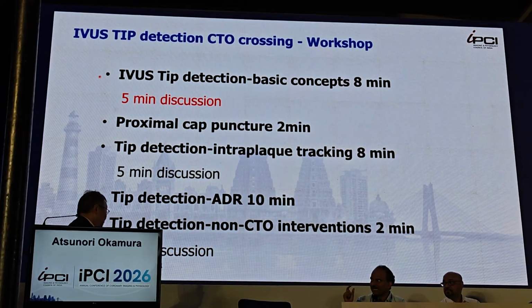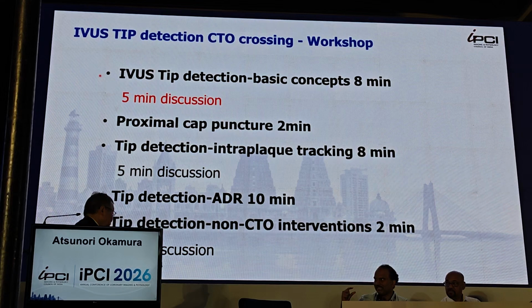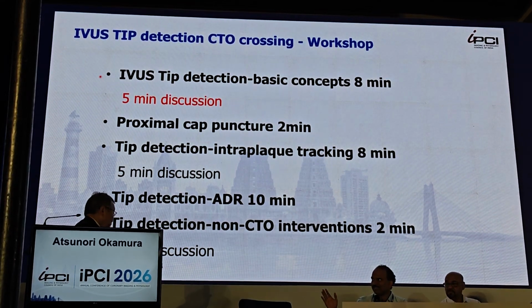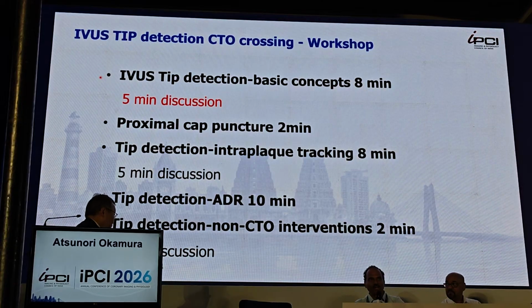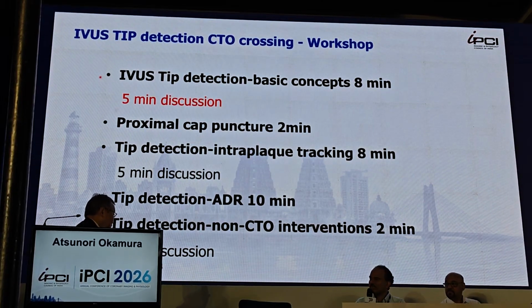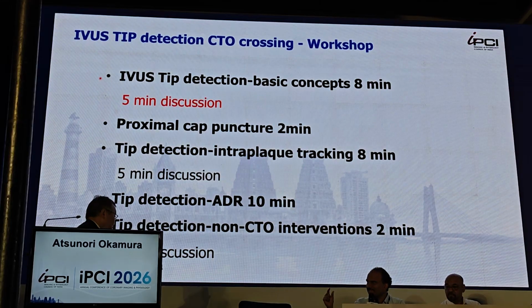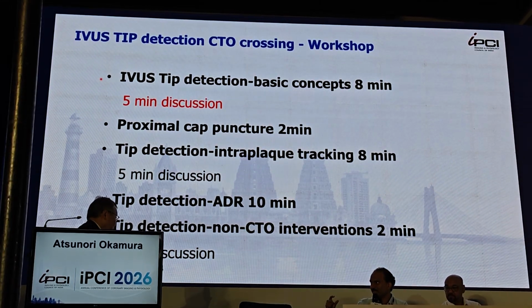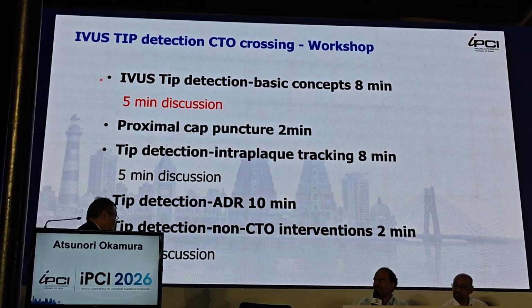If we have an IVUS catheter which can image that 3 millimeters of wire simultaneously, I think everyone in the hall will understand what tip detection is. Is that possible? Having an IVUS catheter which images the 3 millimeters of wire tip continuously and keeps in front of you.